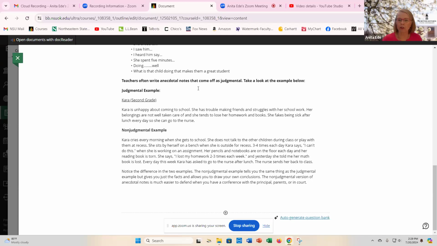Now, notice there's so much more detail in this particular note. And you can do that when you look at the judgmental examples that I give you. Please add detail to make it clear. She sits by herself on a bench when she is outside for recess. That's very clear. That's a great observation.